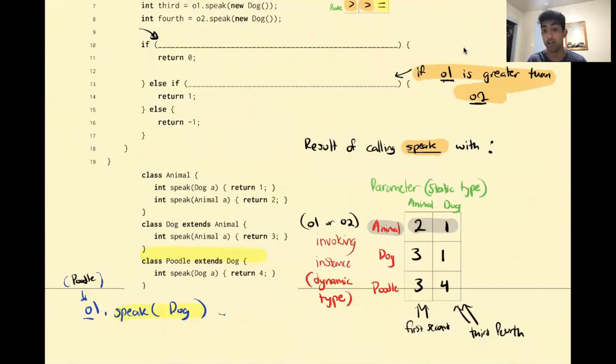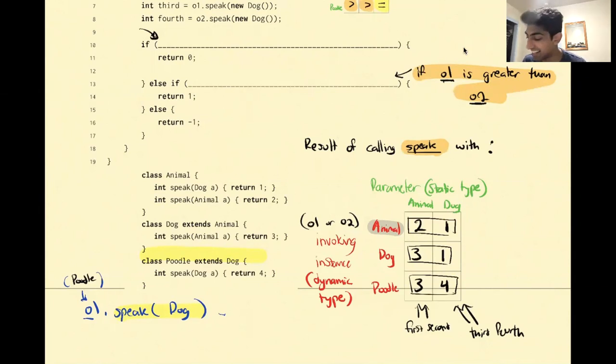If O1 and O2 are both dynamic type animal, how can we use this data, in this little table that we just made, to help us assert that they're both indeed animals? And the important thing here, which is maybe a bit obvious, but I wanted to drive it home, is that if you're a dynamic type animal, dynamic type dog, dynamic type poodle, this pair that you get out is unique, right? Which means all we need to do is compare this pair.